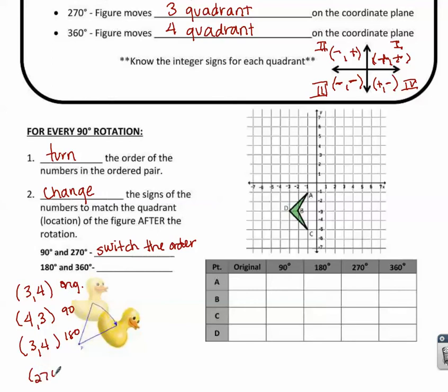And then at 270 degrees, you're flipping your numbers again. So the order is the same for the original, the 180, and the 360. However, if you rotate 90 degrees or 270, your numbers will be flipped. So let's look at an actual example.